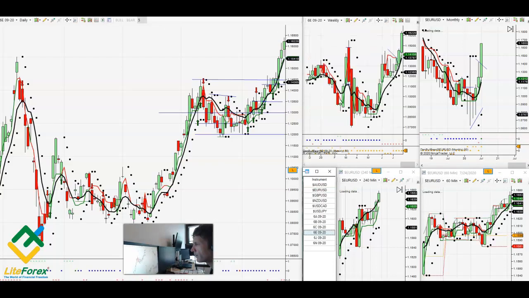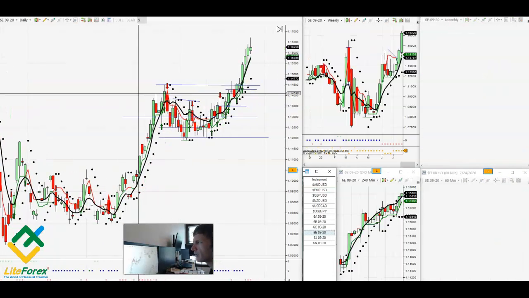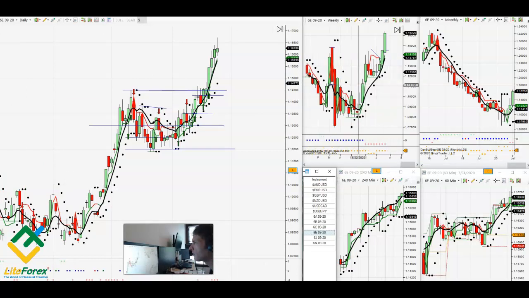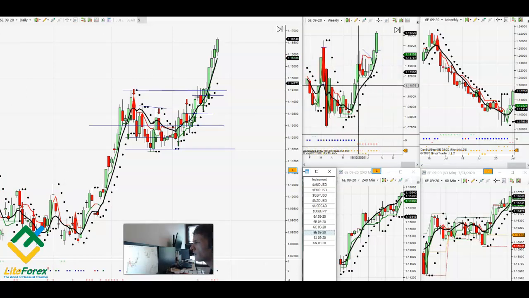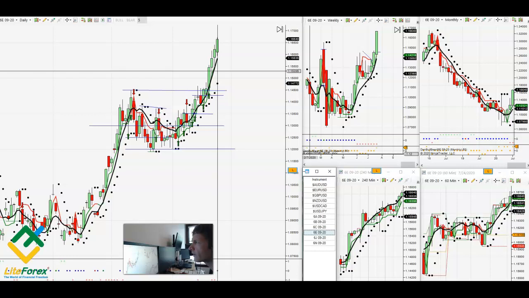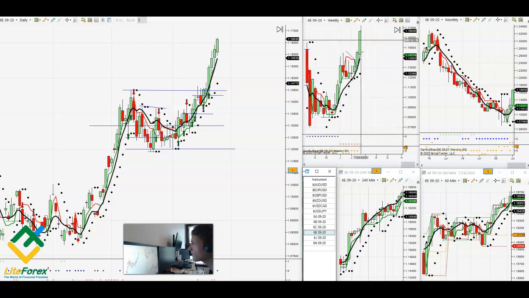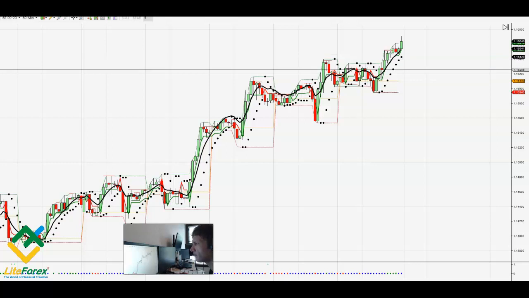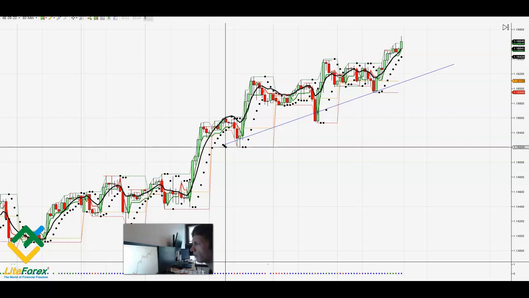Let's take a look and see how the Euro futures are looking. Yeah, it really just tells me on the weekly chart that we're due for that pullback. If we look at the 60, just so bullish, holding this trend line.